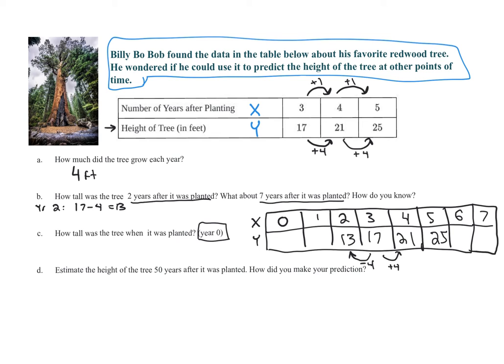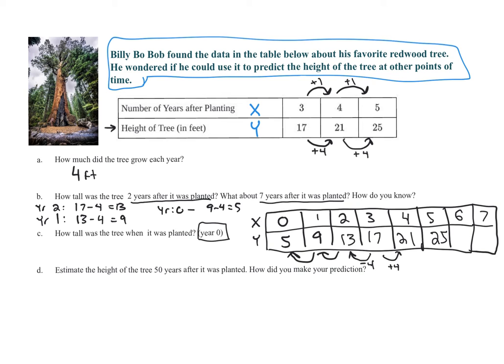For year 1, that's 13 minus 4, or 9. Which means that year 0, we would do another subtraction of 4 right here. Year 0 would be 9 minus 4, or 5.